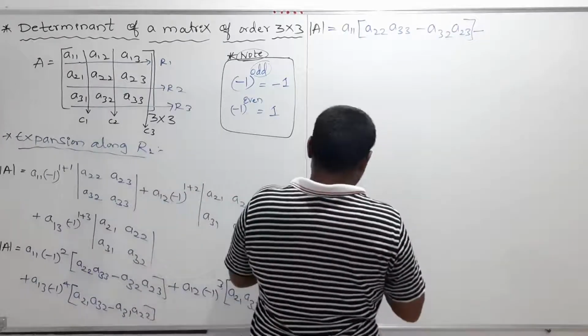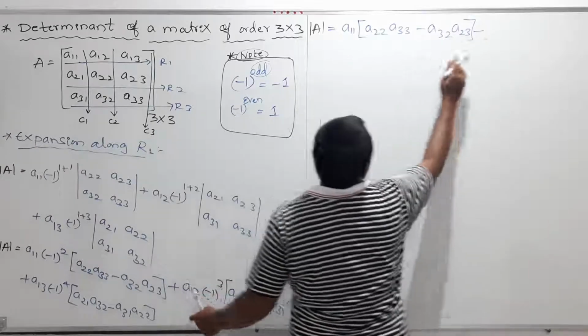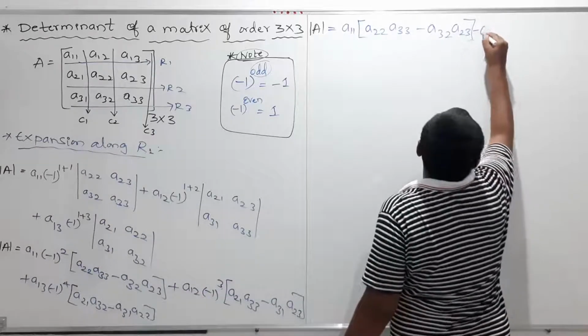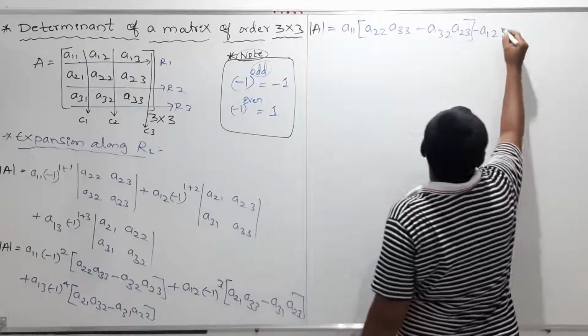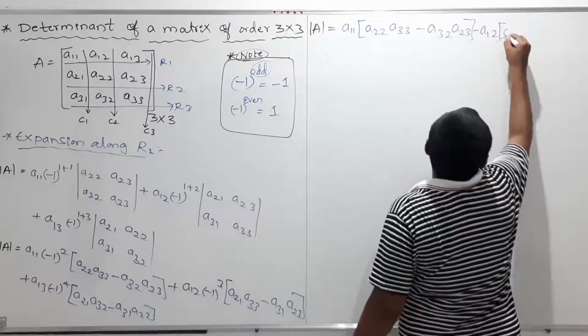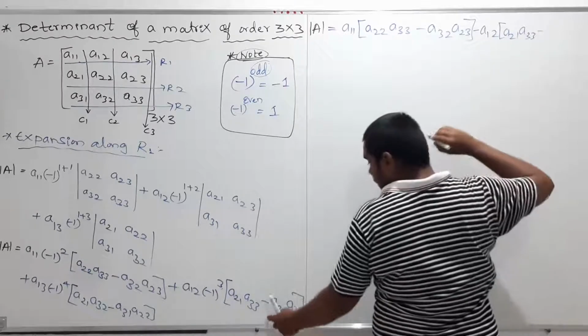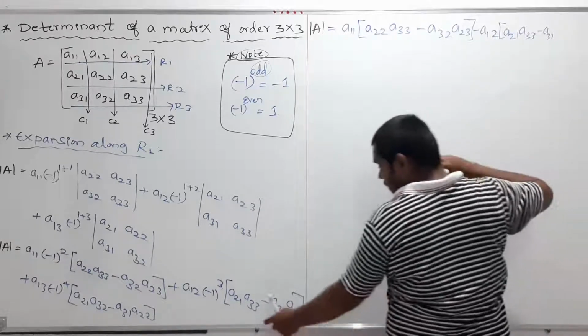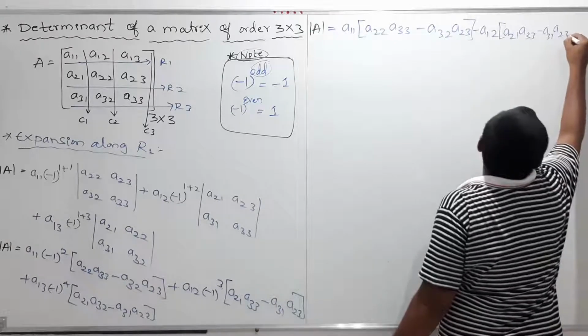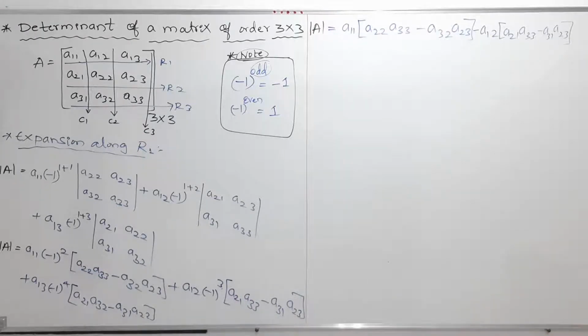So it is minus the remaining element, or else minus A12 into A21, A33 minus A31, A23. Clear? And next step, my dear students, A31, A21, A33 minus A31, A23.